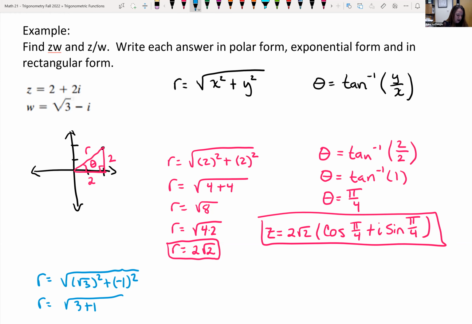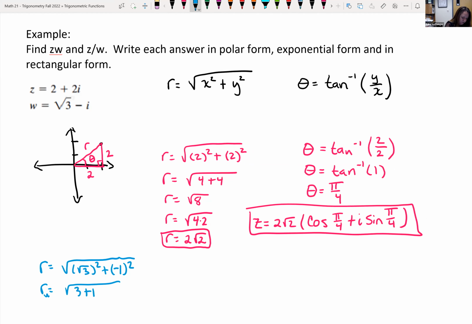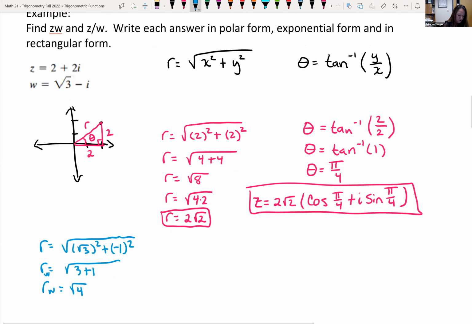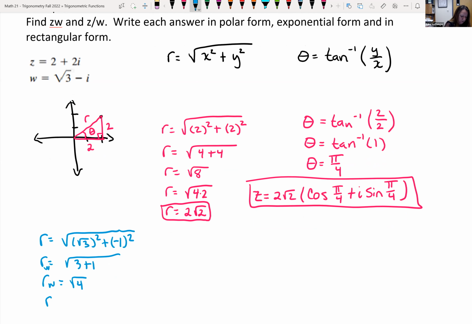So I get that r sub w is equal to the square root of 4, which is equal to 2. So I'm going to define these as r sub z, theta sub z, just to be cognitive of which one is which.